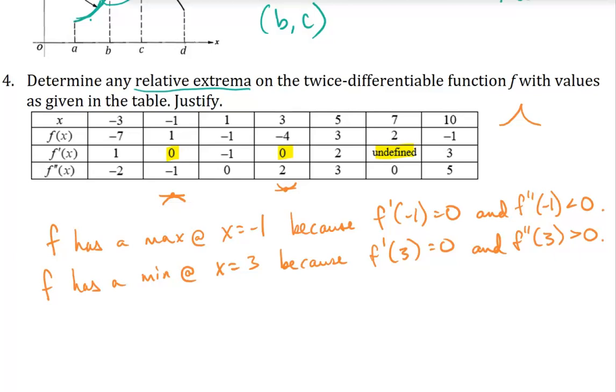If there is a way for the first derivative to be undefined and the second derivative to be either positive or negative, like for the concavity to tell us something, then the second derivative test is still not going to be conclusive, so we cannot get that from the information in the table. We would need something else. I'll keep thinking about that, but anything where the first derivative is undefined, we're not using second derivative test. So that's it.